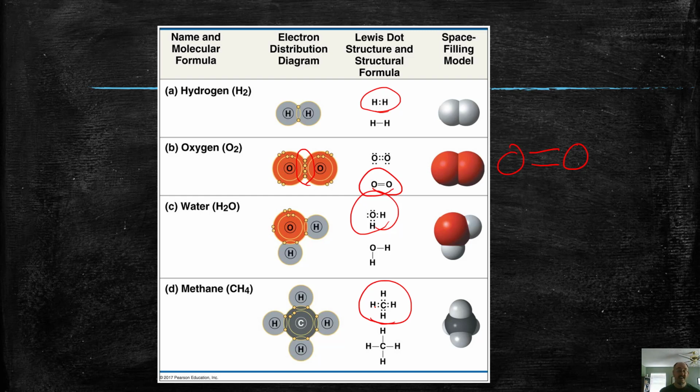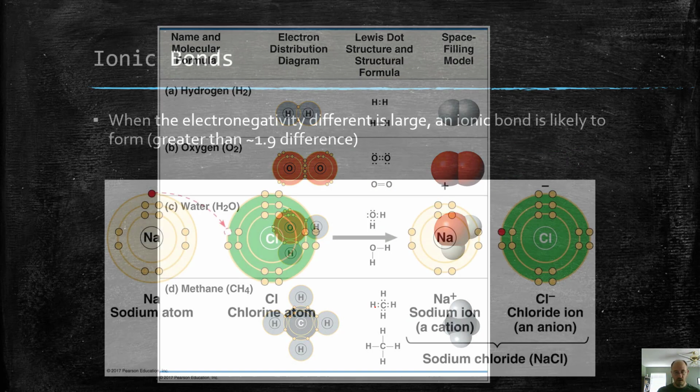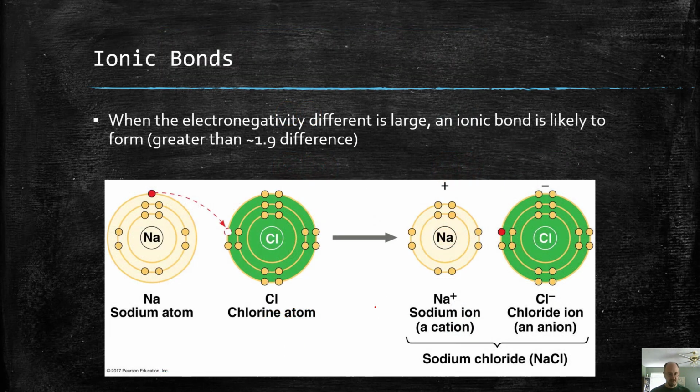I assume to get into this class you should have had chemistry in high school, so I assume you're familiar with some of this. Okay, so ionic bonds. Ionic bonds occur when one of the atoms has a high electronegativity and it actually steals an electron from the other. Typically that's how they work.